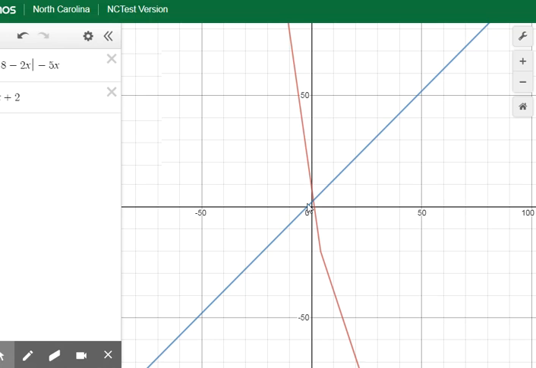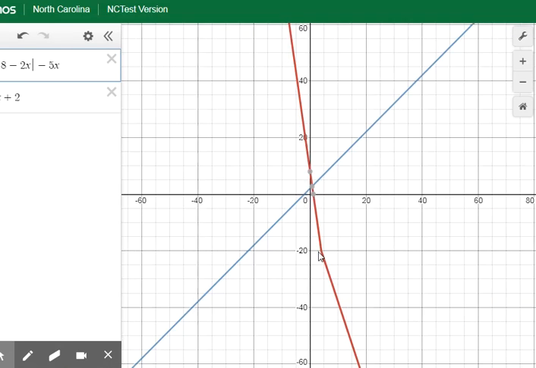And I can see, as I'm examining the graphs here, that these are never going to intersect again. If you look at this red graph, that's the piece that has the absolute value in it. We're expecting absolute value to look like a V. This one has a little bit of a V in it.